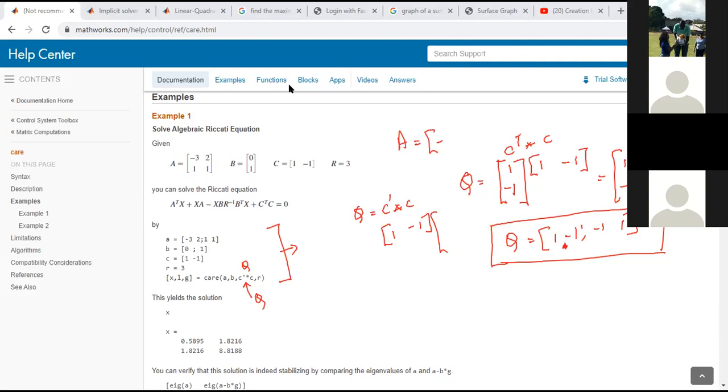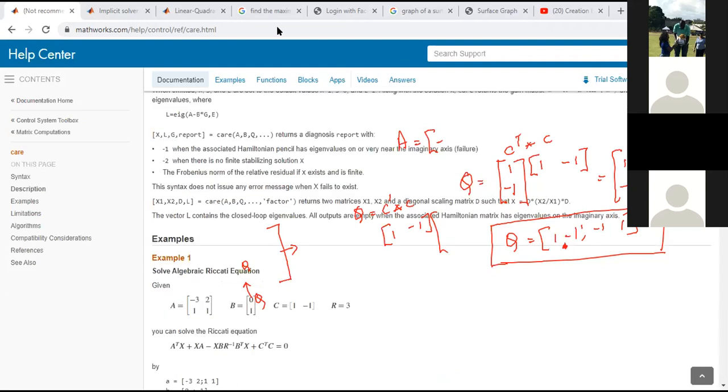Allow. You're supposed to be able to share screen. You have to stop sharing your screen.